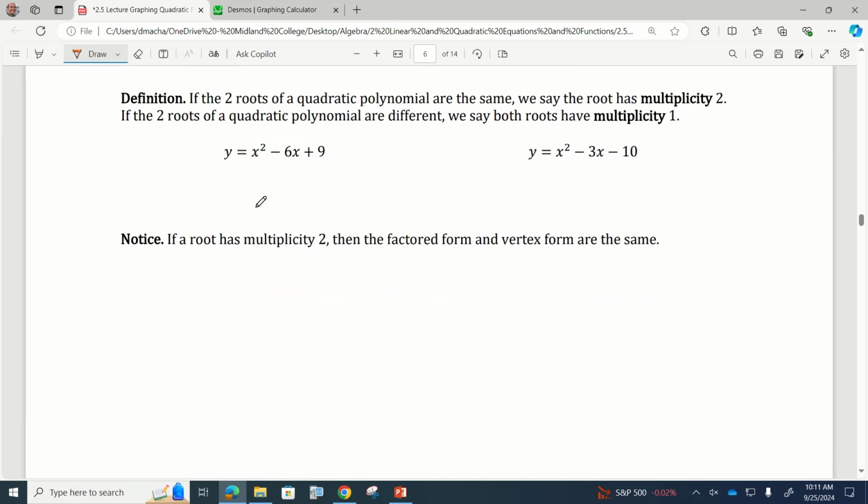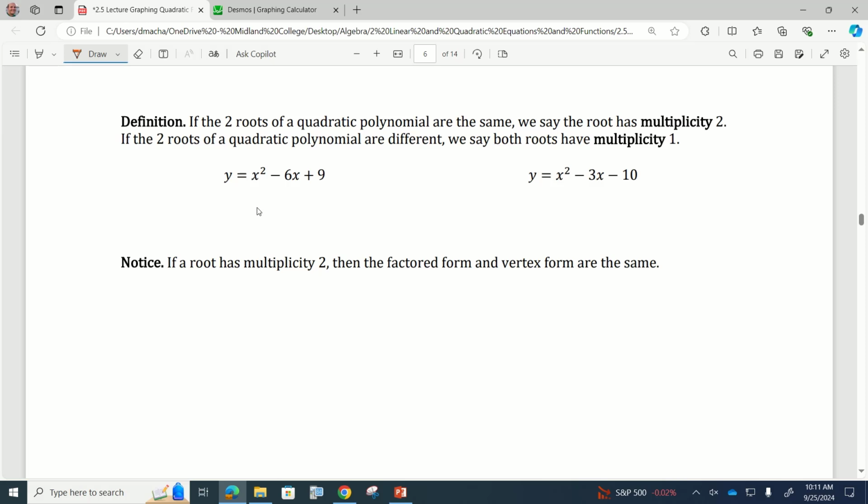New vocab word is the word multiplicity. I'll write it out for you. Multiplicity. And this is the way that multiplicity works. If I look at this polynomial, I can see that it factors like (x minus 3) squared.